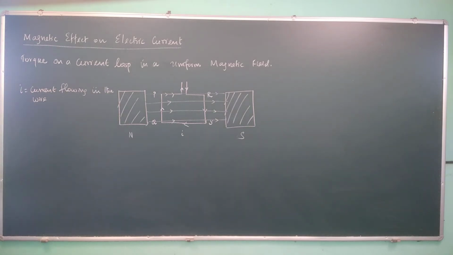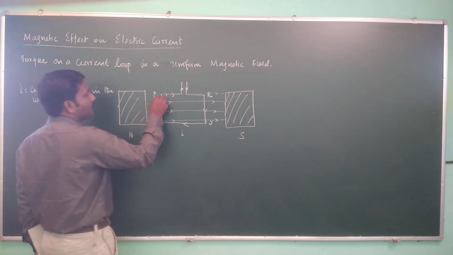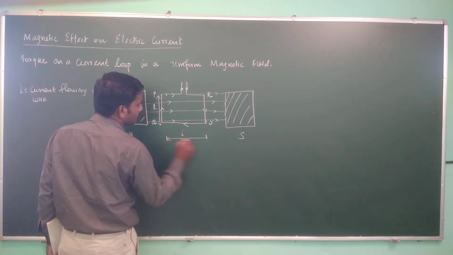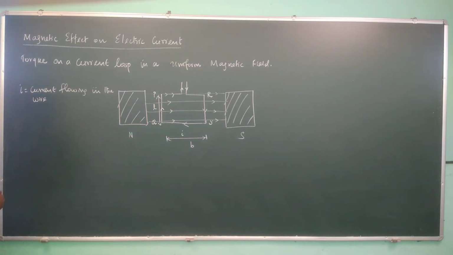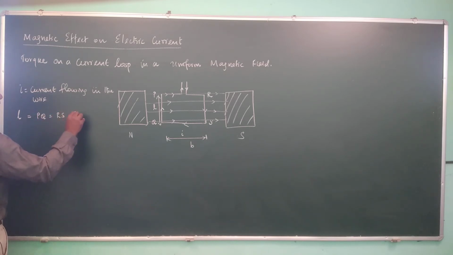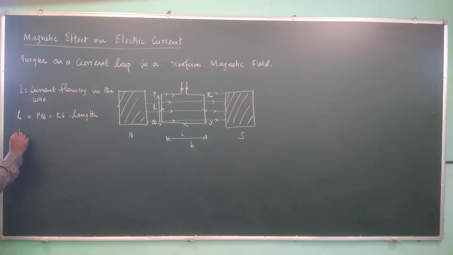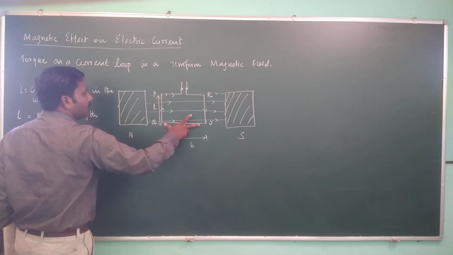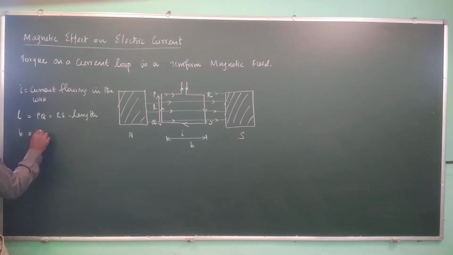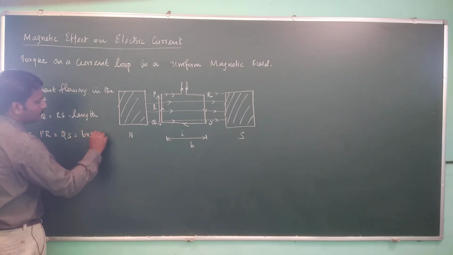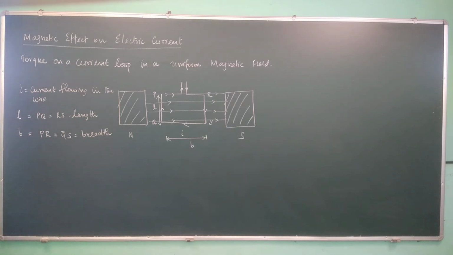Let us denote this as the length, and this part of the wire is the breadth. So the length of the wire we can write as L, which is nothing but PQ and RS. And this is the breadth, which is nothing but PR and QS, the breadth of the wire.